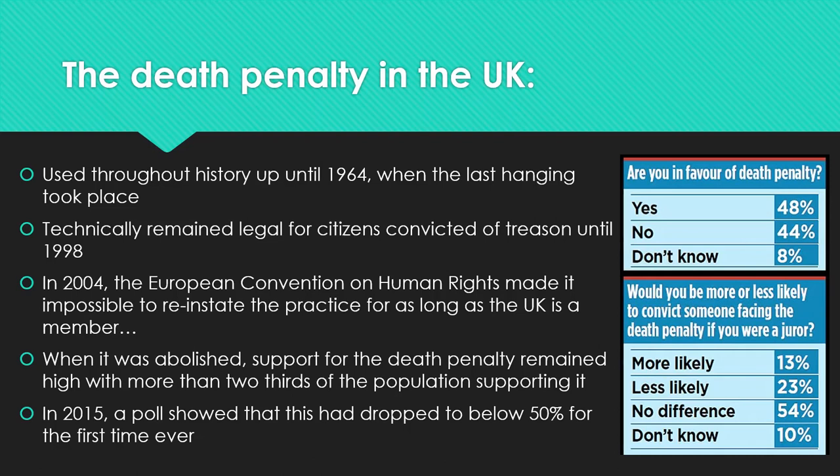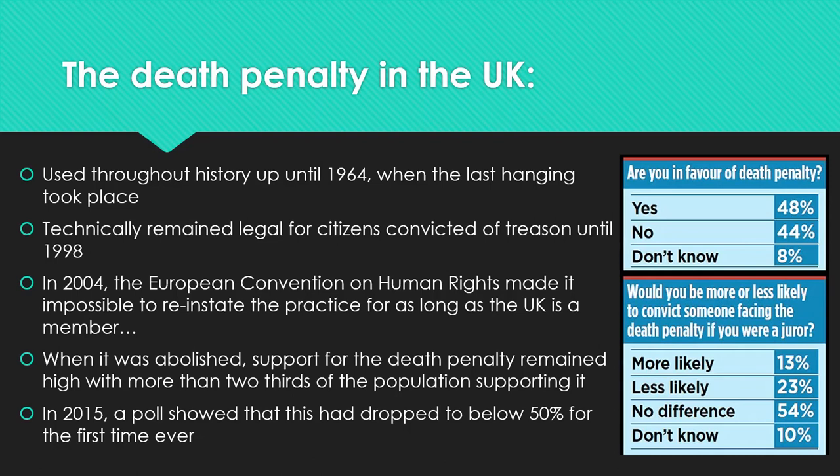In 2004, the European Convention on Human Rights, an organisation which defends the human rights of people who live in the European Union and surrounding areas, made it impossible to reinstate the practice for as long as the UK is a member. Now, that's a key point. Remember, we have recently left the EU.